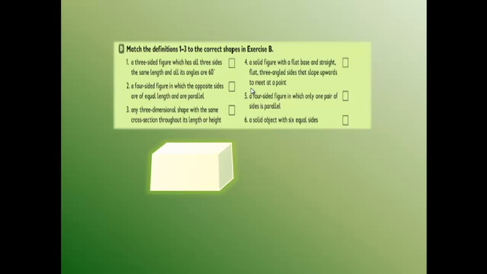These definitions, my dear students, are so important. You have to memorize them and recognize them, and you have to differentiate between each other. Now I will show you the answers.